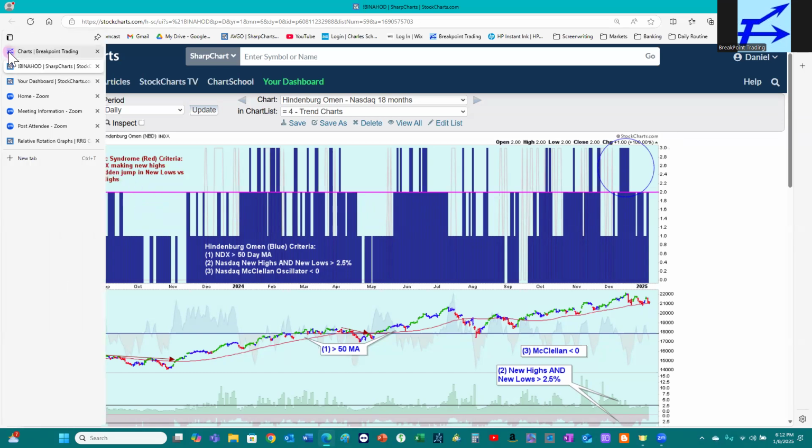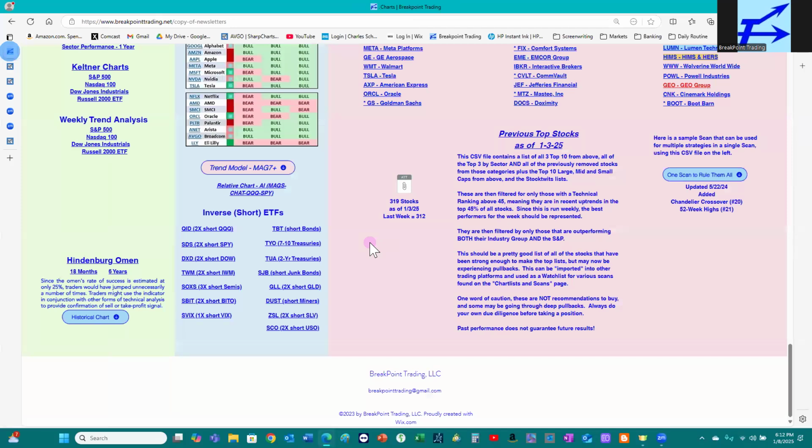Inverse ETFs is something that somebody wanted me to talk about. So if the market does start to decline in a serious way, and I have to emphasize serious way because we are in a secular bull market. What that means is it's dangerous to try to short things when the market for the long term is going to go higher.